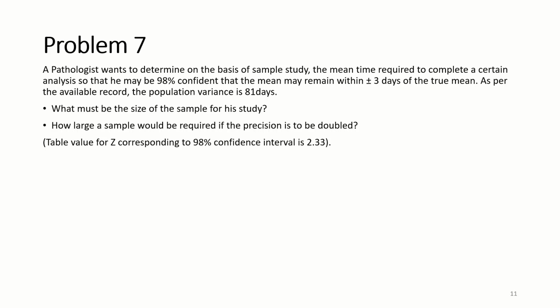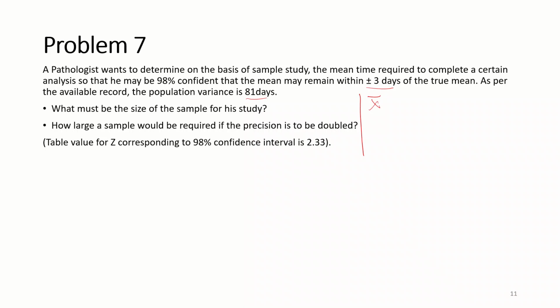Sir, we have been given population variance, which is equal to 81 days. So we calculate the standard deviation, and by putting all the values in the Z formula, we get the sample size. The population mean is also given, plus minus 3 days from the true mean. Okay, let's write what we have.